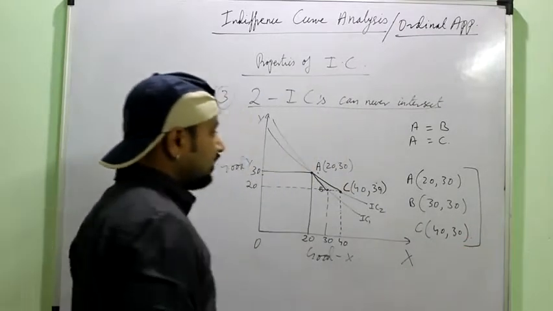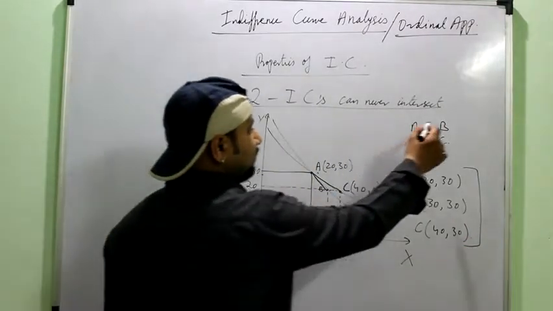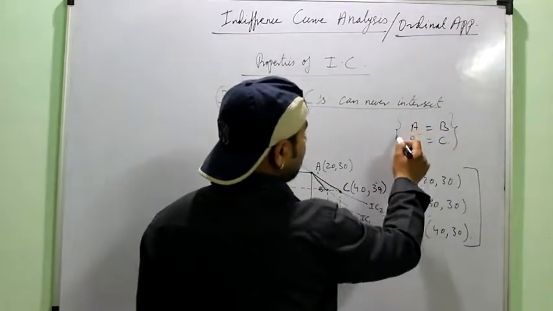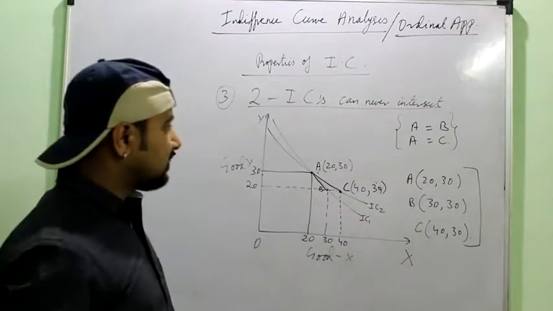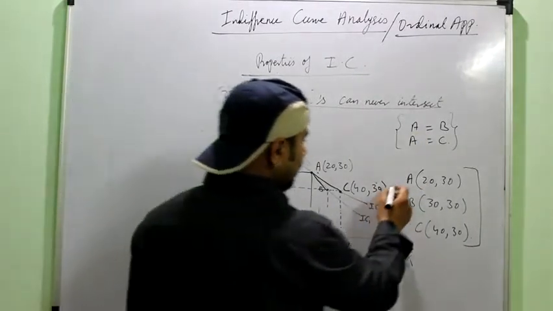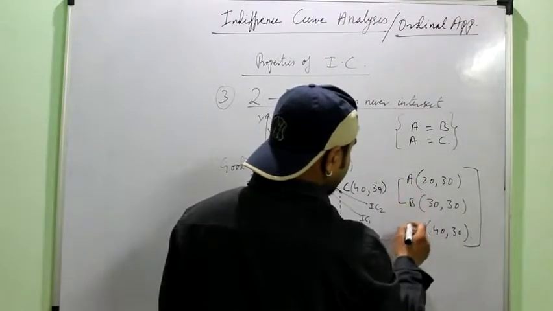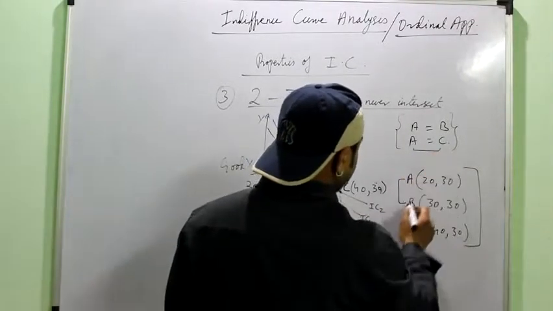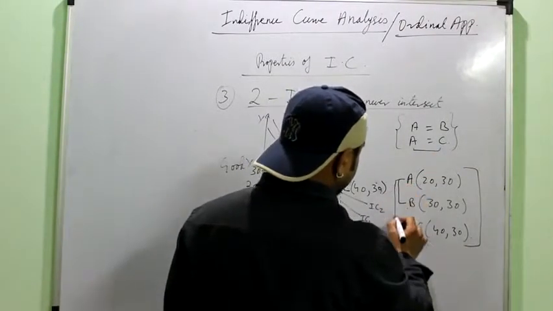Looking at these bundles, you can see that from the concept of indifference curve, A and B are equal, and A and C are also equal.